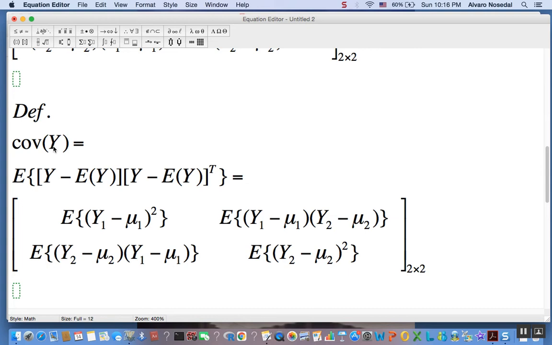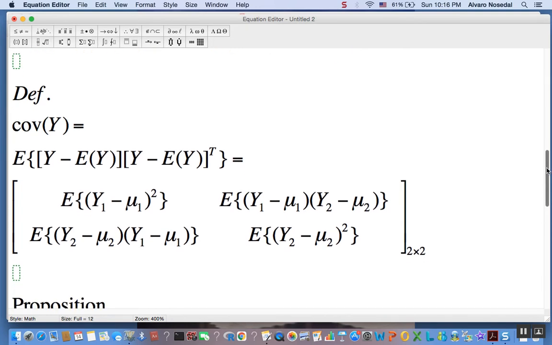The dimension of the random vector was 2 by 1. Then we ended up with a 2 by 2 matrix. On the diagonal, again, we're going to have the variances, and on the off diagonal, the other elements not located on the diagonal, we will have the covariances, right? Okay, so keep that in mind.